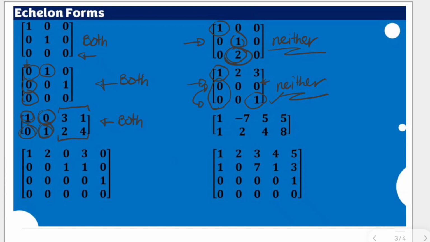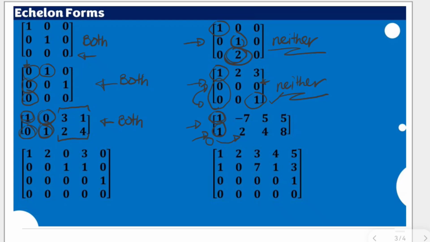Here in this next 2 by 4 matrix, again 2 rows and 4 columns, we have leading 1s: a leading 1 for the first row and a leading 1 for the second row. However, this leading 1 is located right below the first leading 1. If it were placed one column over and this were 0, then this would be considered a row echelon form.